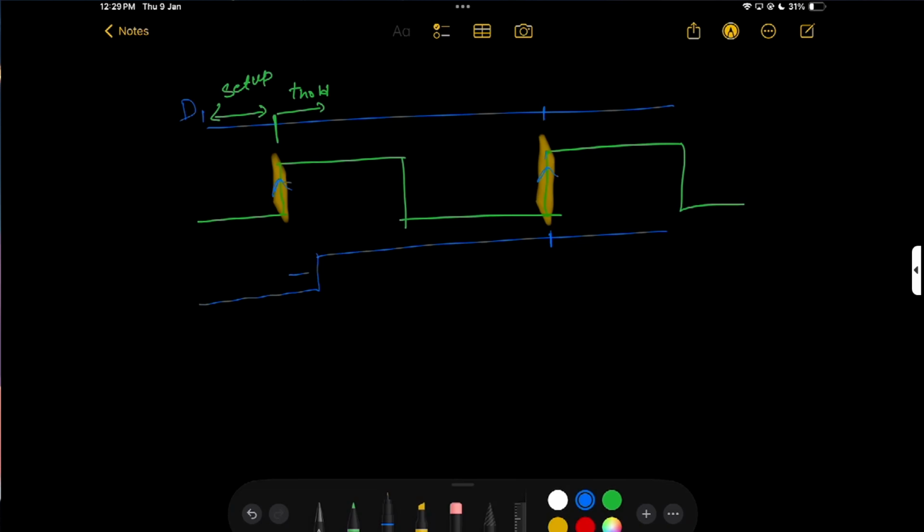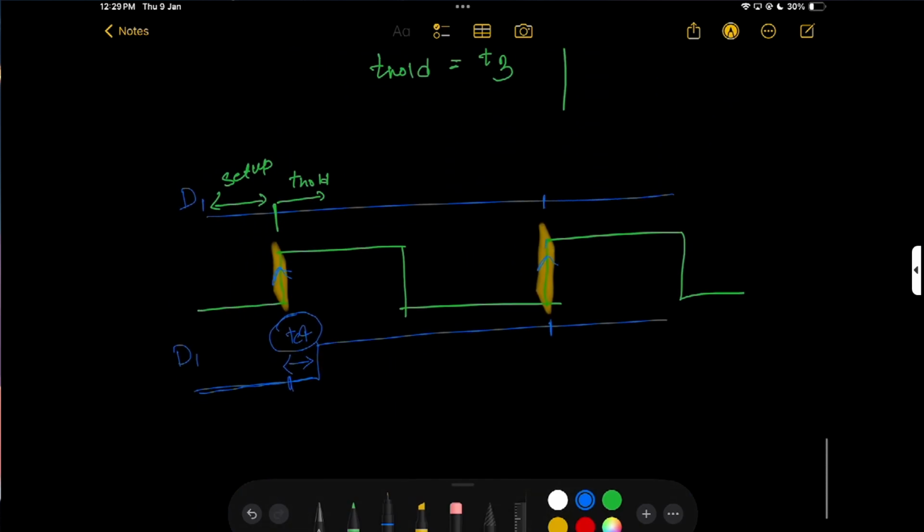This delay is basically nothing but TCQ, the clock to Q delay. After the clock to Q delay, my output is 1. Sorry, this is my Q1.